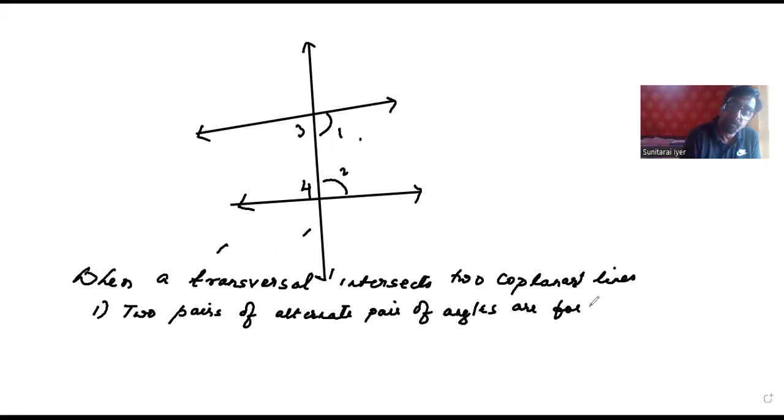In the same way, when a transversal intersects two coplanar lines, remember, children, four pairs of corresponding angles are formed.